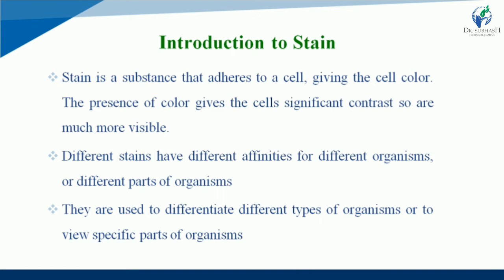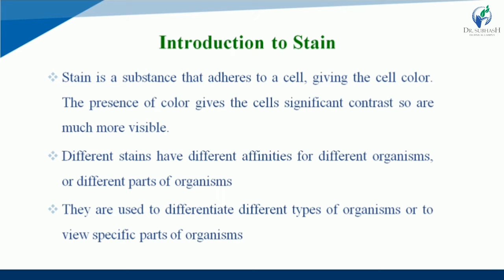Stain is a type of substance that sticks to the cell and gives the cell color. The presence of color gives the cell significant contrast. Due to that reason, cells are much more visible.